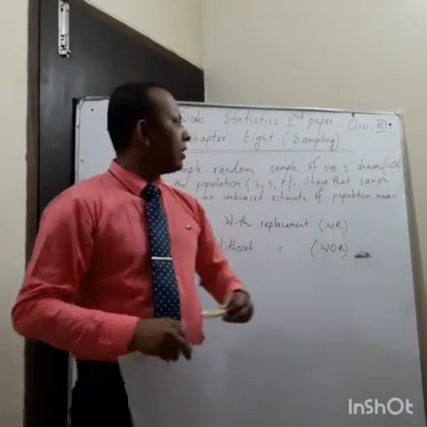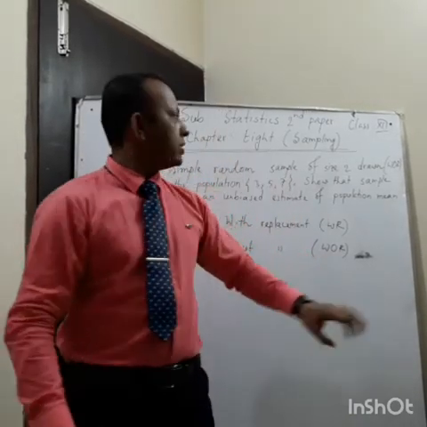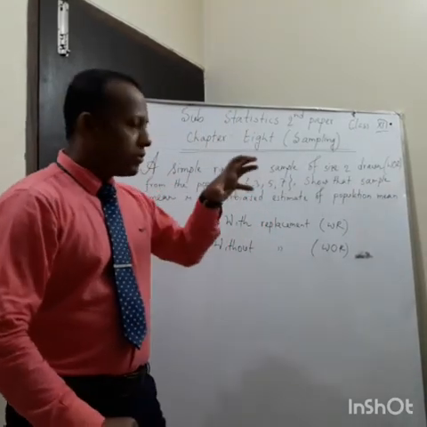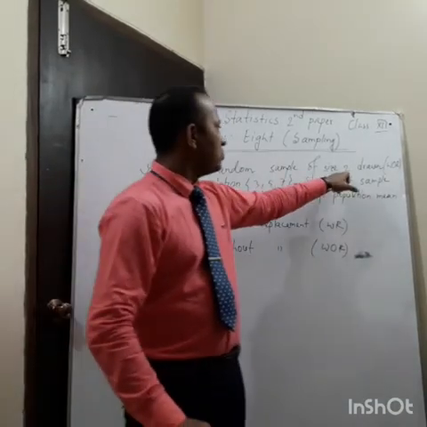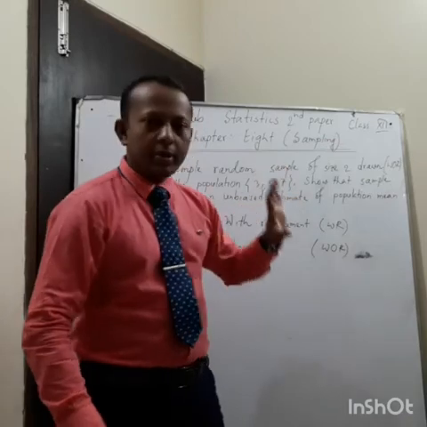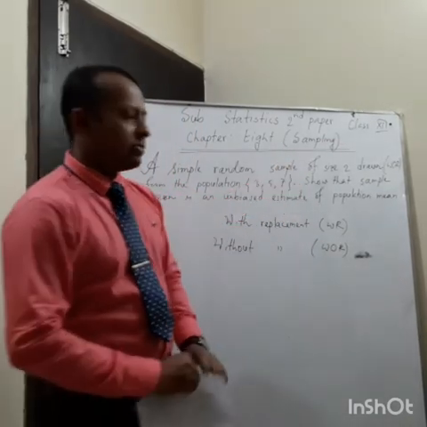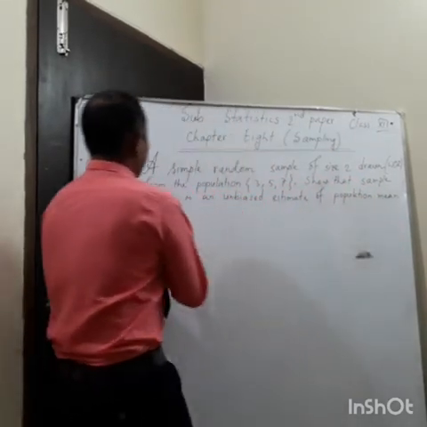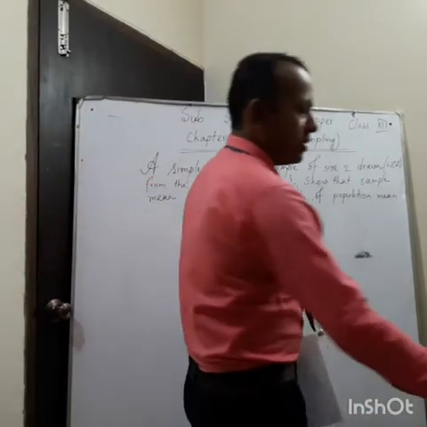Now, our problem is collecting the samples from the population without replacement. So, we are going to draw, select or collect the sample of size 2 from the population, which has 3, 5, 7 as its elements, and the system is without replacement. After that, we will test that the sample mean is an unbiased estimator of the population mean.